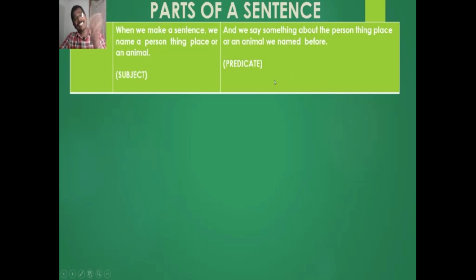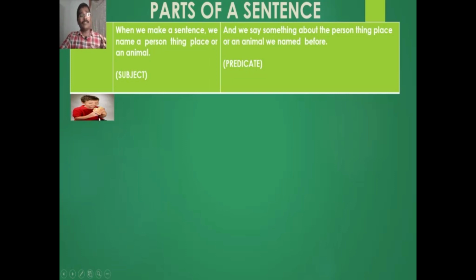And the very next part is what we say about the subject. That is called the predicate or describing part. It describes the subject. We say something about the person, thing, place, or animal we named before. That is called the predicate. Now you can see here there is a pic.